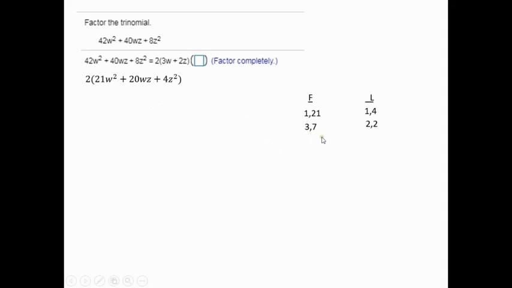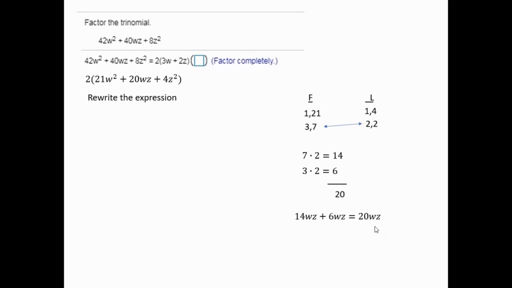If we look at this very closely, these will work because 3 times 2 is 6, 7 times 2 is 14, 6 plus 14 gets us to 20. Remember, addition is occurring in this case because we got 2 positives here. So the binomials are going to be positive. So we can rewrite our middle term here as 14wz plus 6wz equals 20wz.